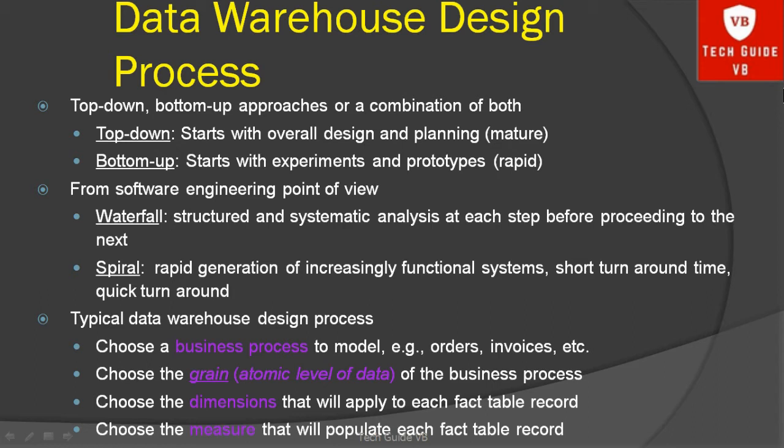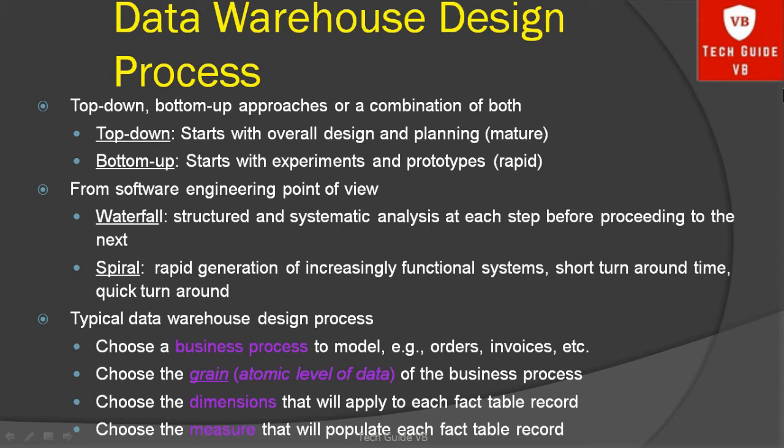From the software engineering point of view, there are basically two models: the waterfall model, which is structured systematic analysis at each step before proceeding to the next. So it has systematic analysis like requirement gathering, then design, development, deployment.